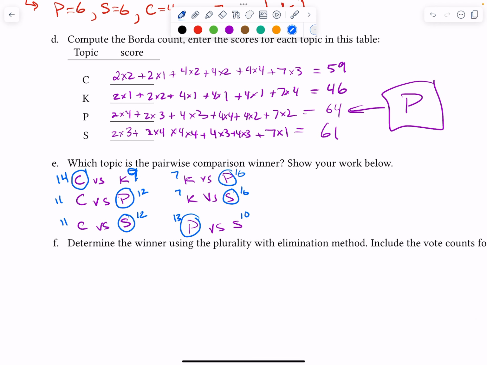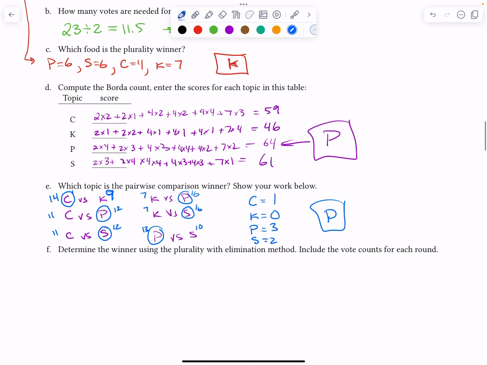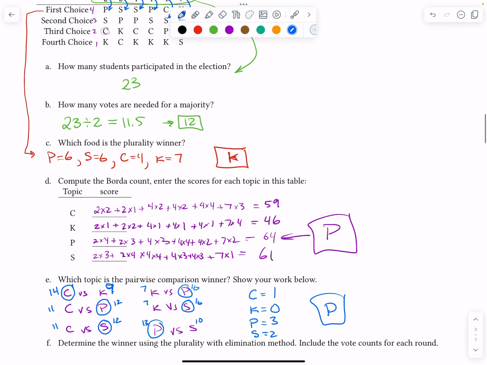All right, so now we make our table here. We have C has 1 win, K has 0 wins, P has 3 wins, and S has 2 wins. So P is the winner. Now plurality with elimination, and we need the vote counts for each round.